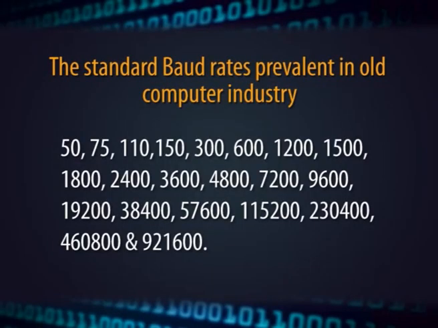The standard baud rates prevalent in the old computer industry are 50, 75, 110, 150, 300, 600, 1200, 1500, 1800, 2400, 3600, 4800, 7200, 9600, 19.2 kbps, 38.4 k, 57.6 k, 115.2 k, 230.4 k, 460.8 k and 921.6 k.